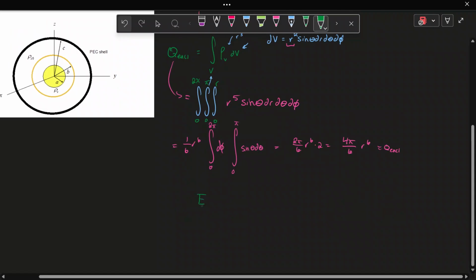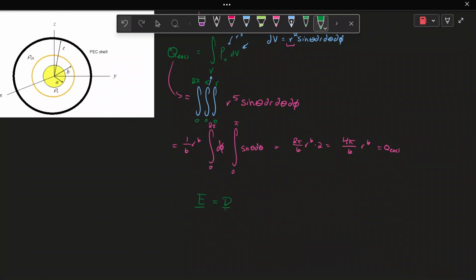We have E, the electric field vector, is equal to D, but multiplied by, I believe, the permittivity of free space, or I don't remember which one it is. It's been a while. Epsilon naught, right? So now what we can say is the electric field vector, which is what we want, is D divided by epsilon naught.